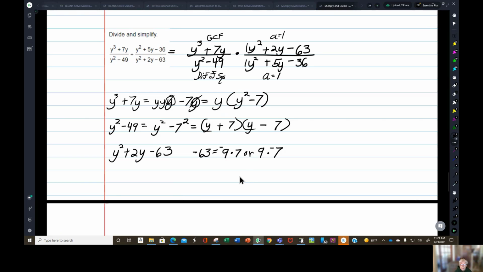It's both. Okay, now 9 plus negative 7 is really 9 minus 7. Let me come up here because I need the room. 9 plus negative 7 is 2.